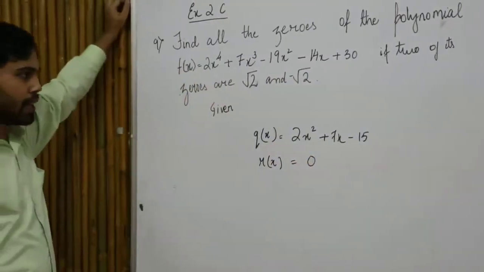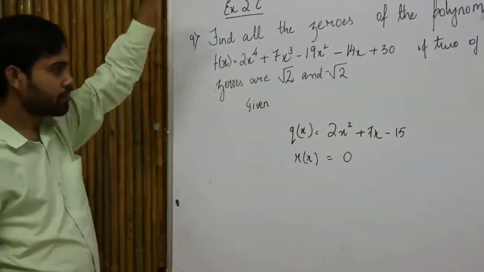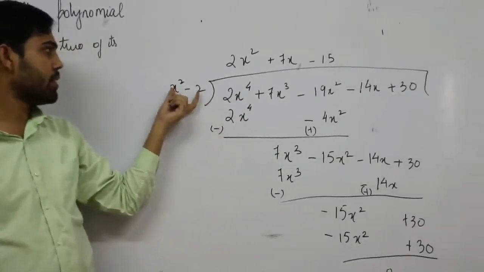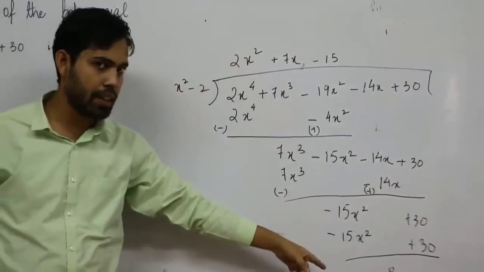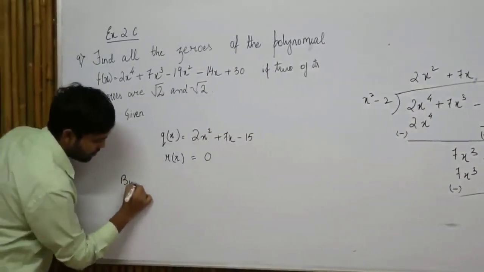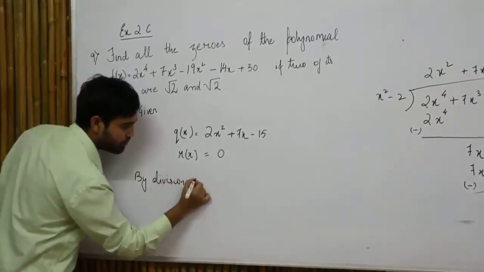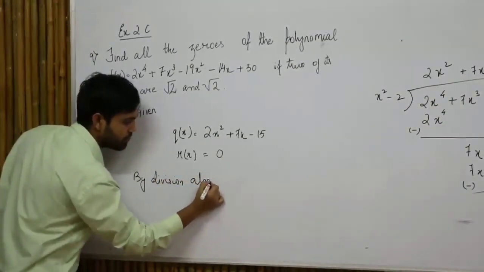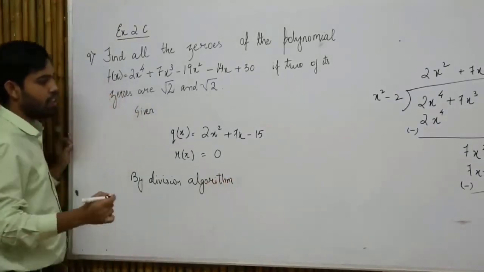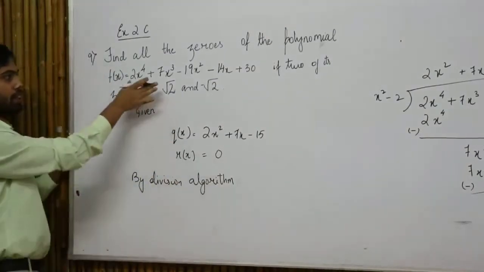Now let us apply the division algorithm again. What is the division algorithm? The dividend is equal to the divisor into quotient plus the remainder. So by the division algorithm, what was my polynomial given? It was f of x.